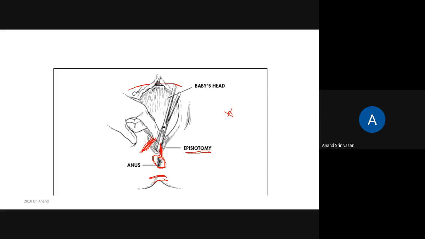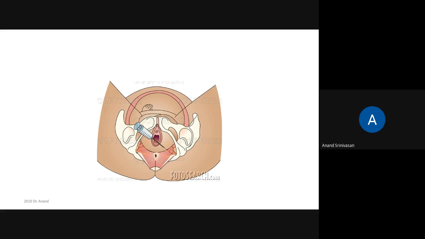But when you are giving a cut, there will be pain for the mother. So how are you going to relieve the pain? For this you need to give an anesthesia, which is called a pudendal block. In the pudendal block, the pudendal nerve is blocked.